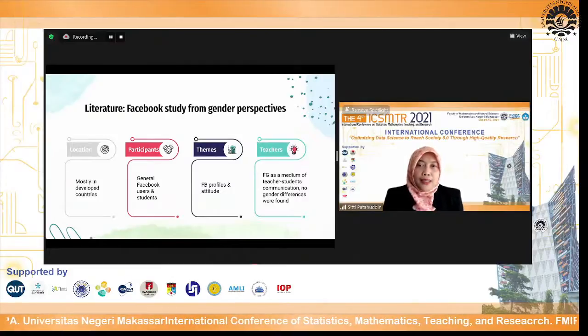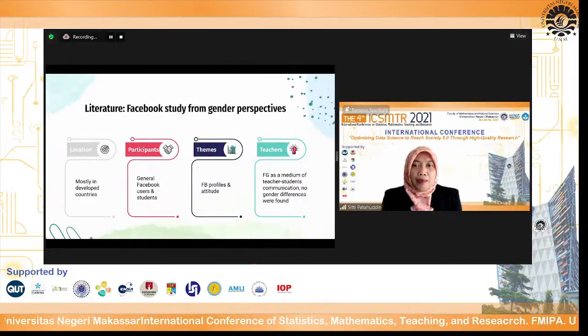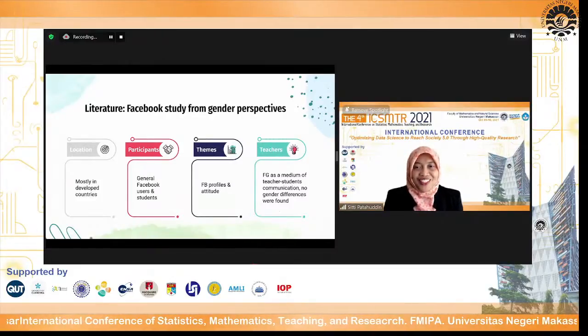Nah, tetapi yang pasti limitation dari studi ini adalah bahwa studi-studi yang ada ini belum banyak mengeksplor tentang penggunaan Facebook untuk professional development dari gender perspektif.